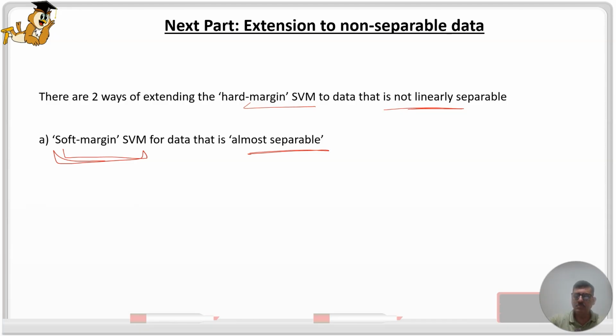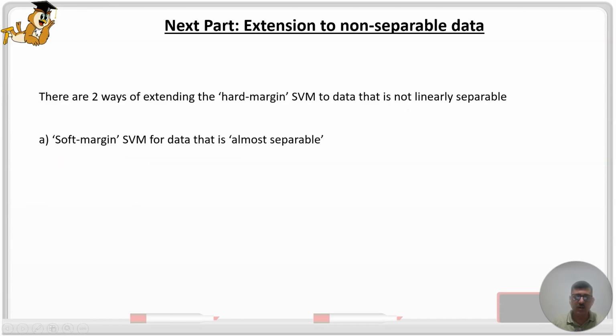Subjectively speaking and proportionately speaking, if there are only a few points that have crossed over from one class to another, then we are going to employ a method called soft margin SVMs. I call that almost separable because proportionately there are only a few points that have strayed over.